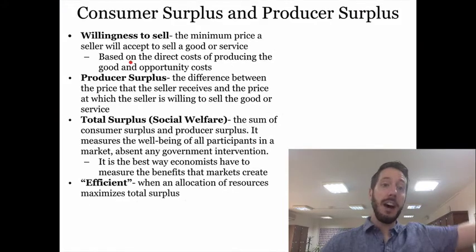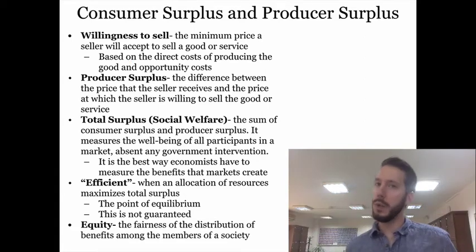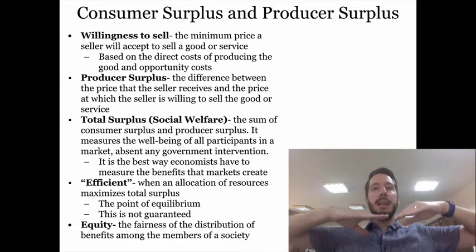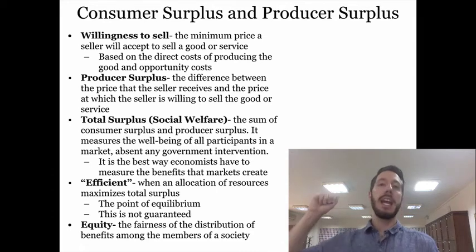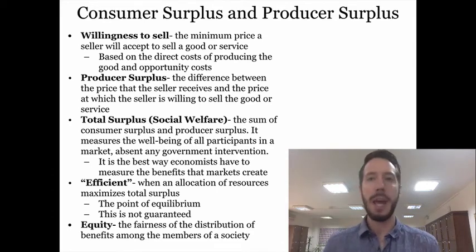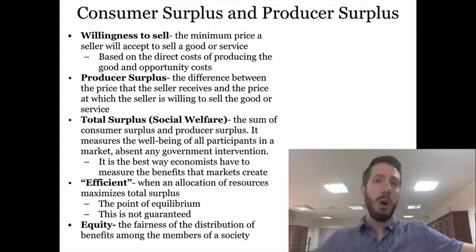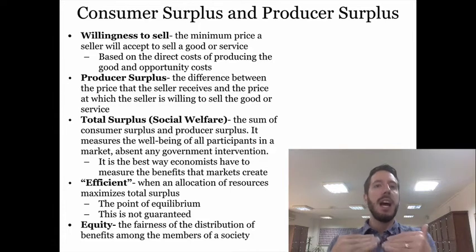Let's talk about the other side of this, the idea of willingness to sell and producer surplus. Just like willingness to buy, willingness to sell is the minimum price that a seller will sell their product for. All right, this is what I will sell you that brownie for, or that hamburger, or that car, or my laundry service. This is the minimum price I'm going to take.